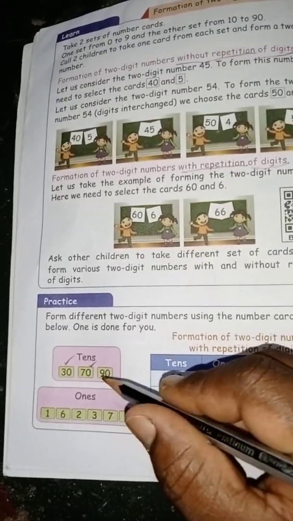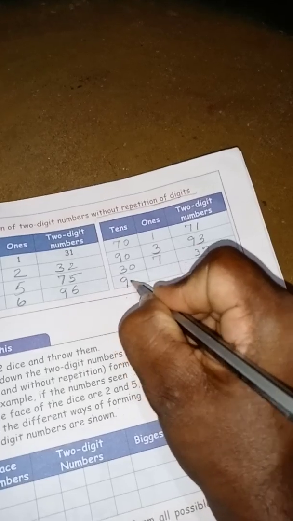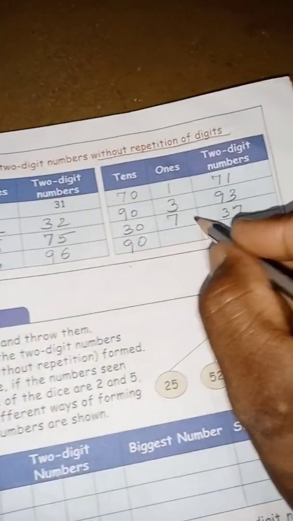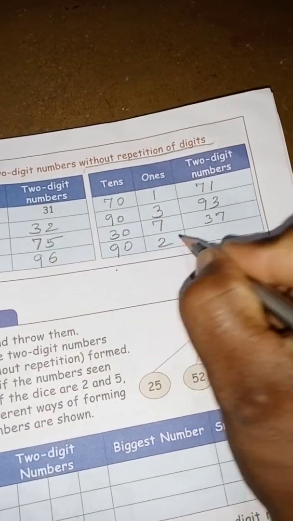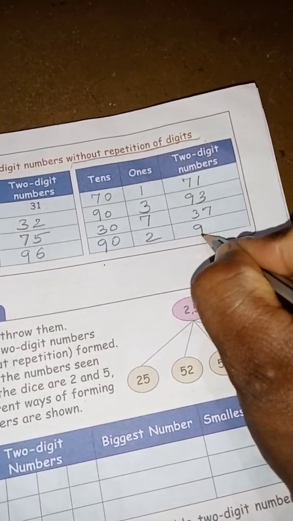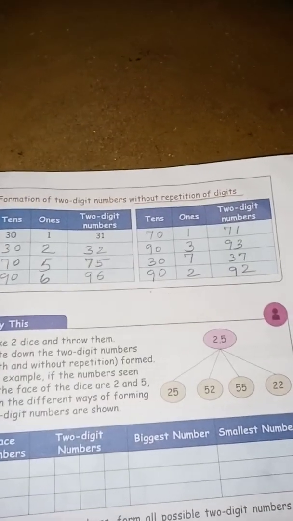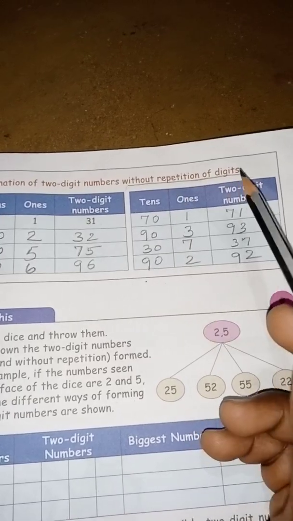Now the last one I'm going to take, 90 from the tens place, 2 from the ones place. So 90 plus 2, 92. So in this class we studied without repetition of two digit numbers.